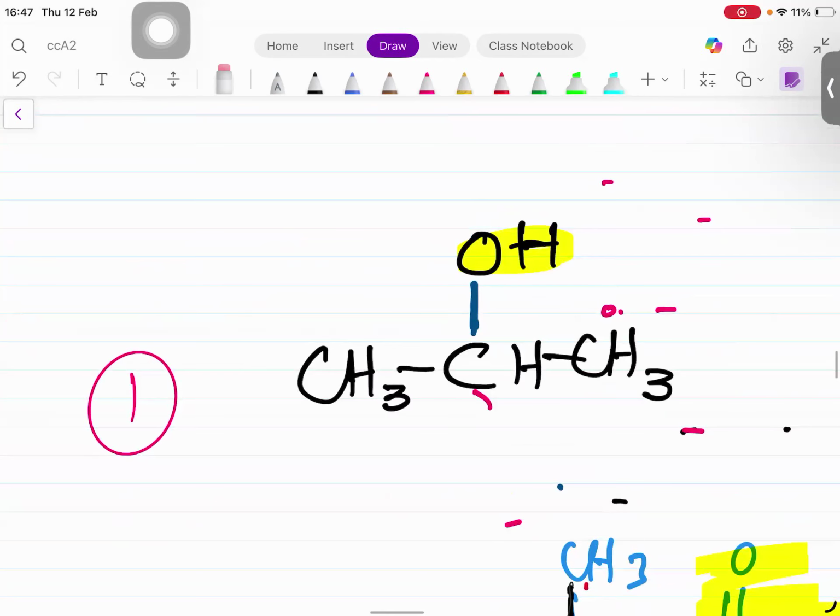Here it is a compound. Please use the data booklet.